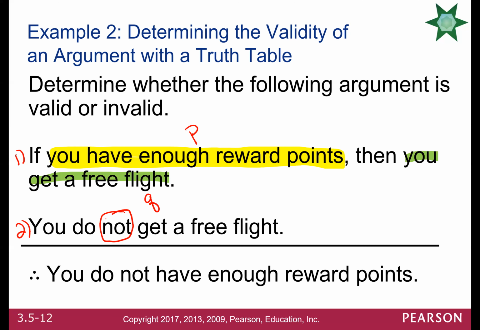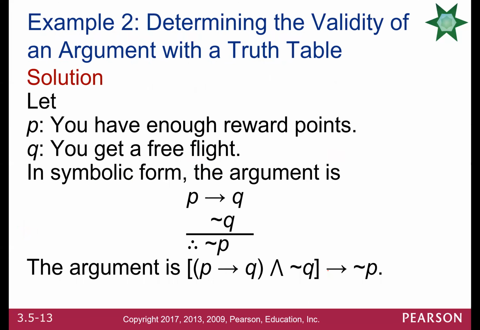And then we're going to look at the conclusion. So let's see if we can write this argument in symbolic form. P is the statement, you have enough reward points. We're going to let Q be the statement, you have a free flight. So our argument in symbolic form will be, if P, then Q. That was our first premise. Our second premise was the negation of Q. You do not get a free flight.